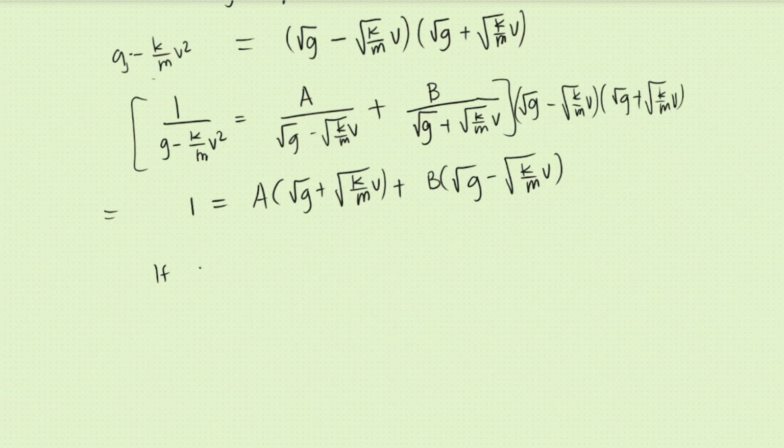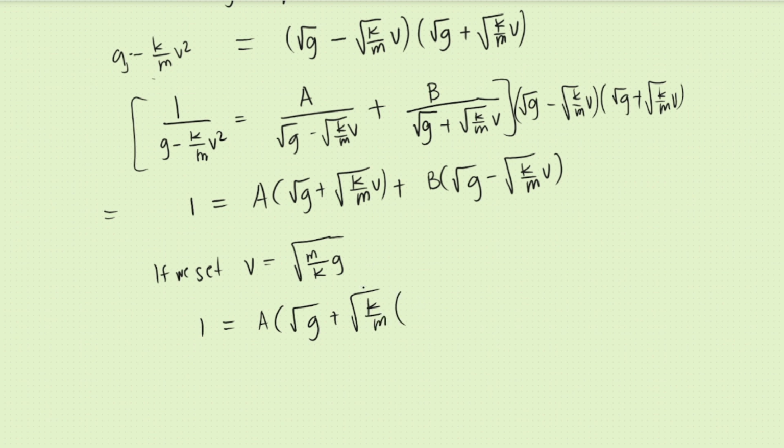If we set v equal to square root of m over k times g, that means our equation would be 1 is equal to a times square root of g plus square root of k over m times v, which is square root of mg over k, plus b times square root of g minus square root of k over m times our v, which is square root of mg over k.